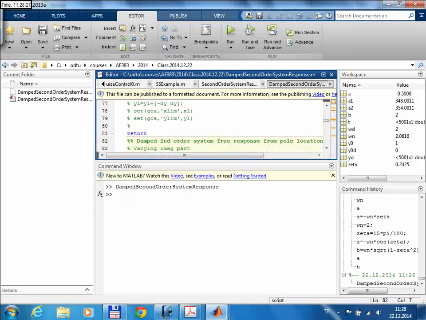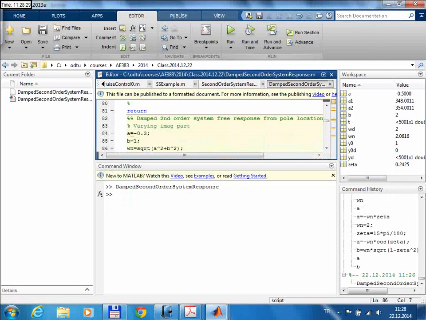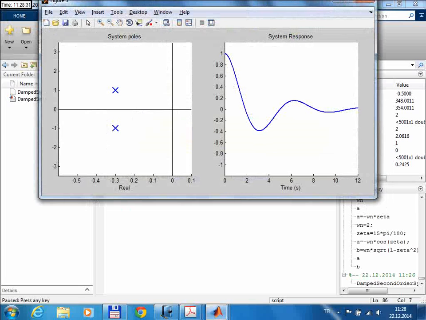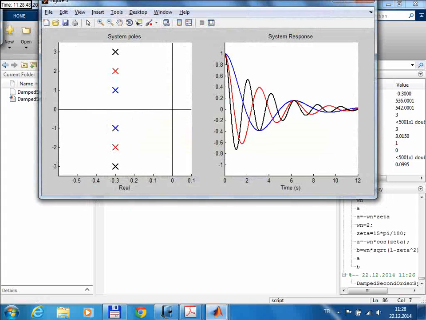So let's take a look at the next case. Let's take a look at systems with poles that share the same real part, but the imaginary parts are different. So the first system is this one. The second system has poles here, and the third one has poles again with the same real part, but the imaginary parts are different.